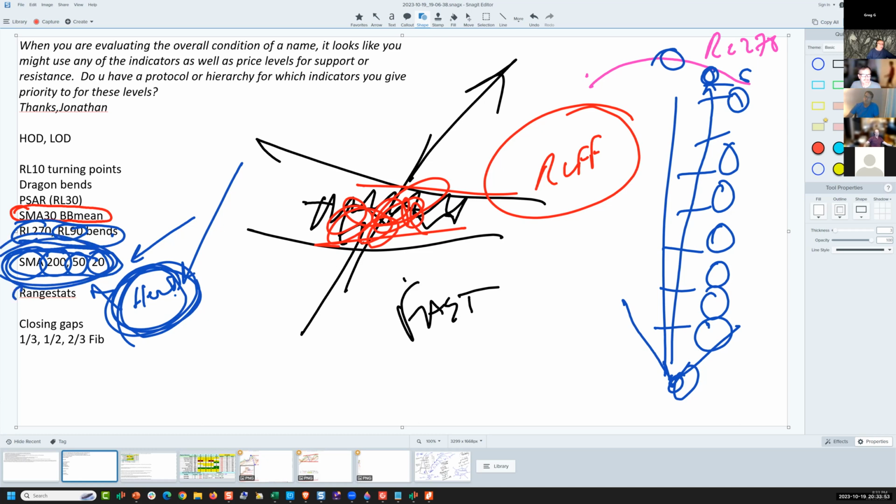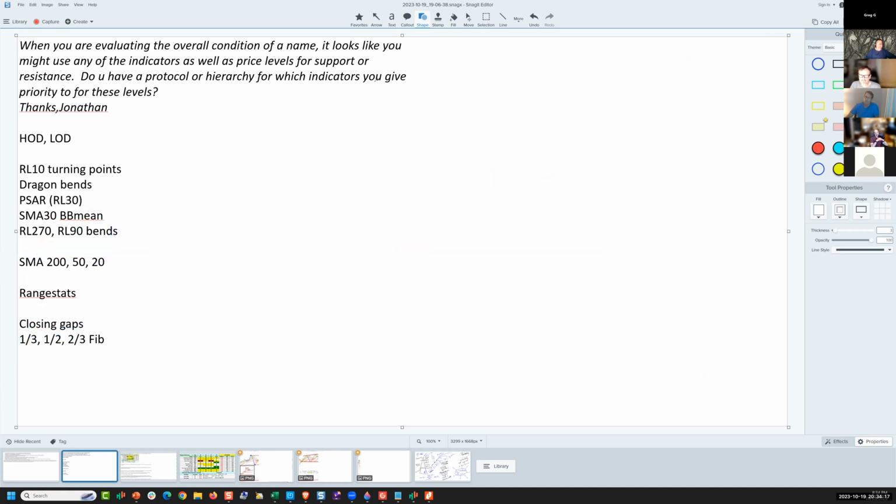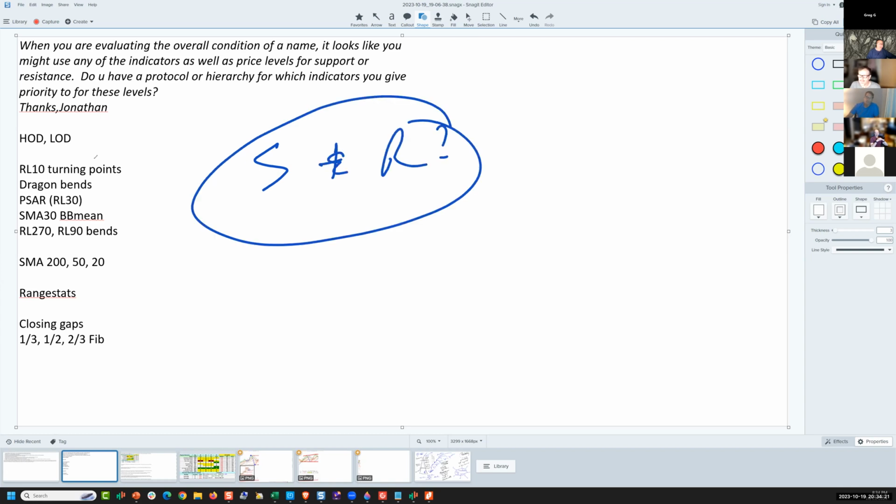I add back range stats, gap stats, and Fibonacci retracements because those are just units of measure for size of moves that could become, statistically speaking, support and resistance in a non-obvious way. So you asked me what my indicators are to help me frame trades when I'm using the support and resistance lens. It's these, and that priority, with the reasons that I just explained.